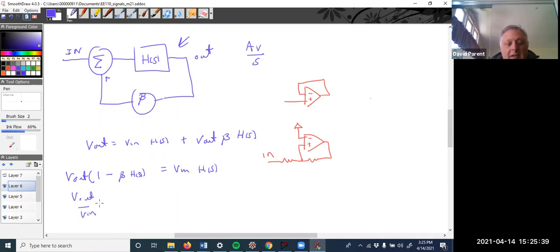V out over V in, the whole transfer function, equals H of S over 1 minus beta H of S. Let's substitute that in.